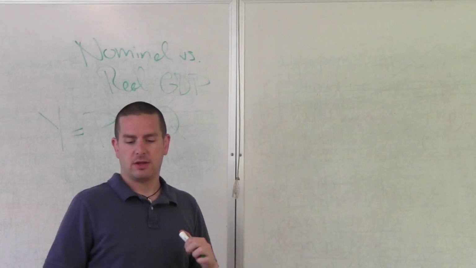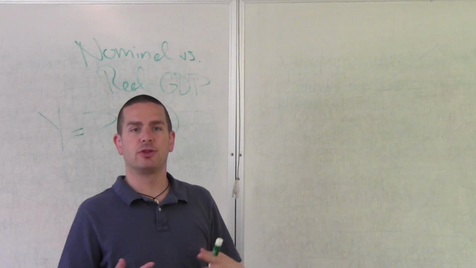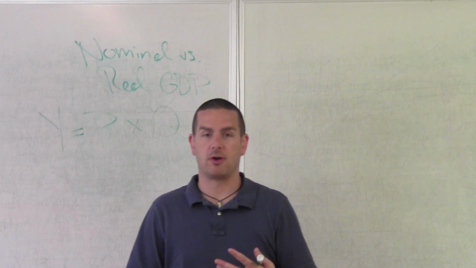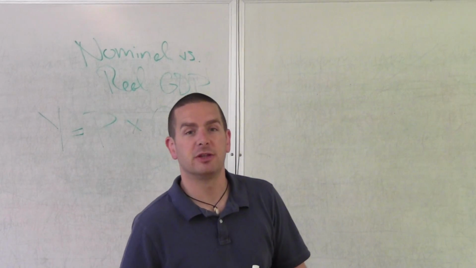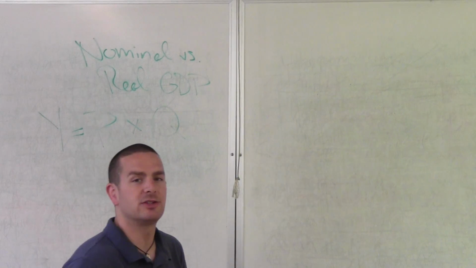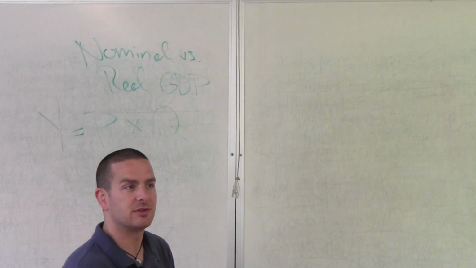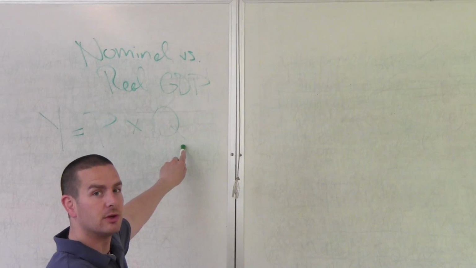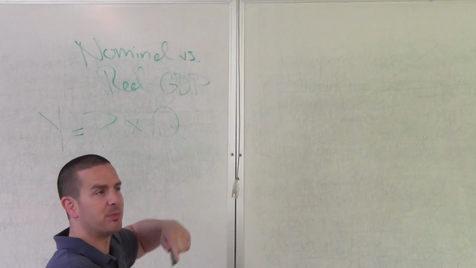If we look at nominal GDP, it might have gone up from $5 million to $10 million. But here's the question we have to ask ourselves. Are we making more stuff, or did the price level just simply go up?